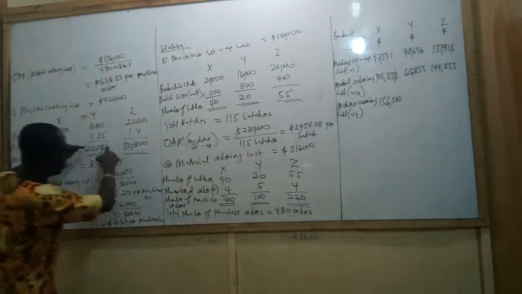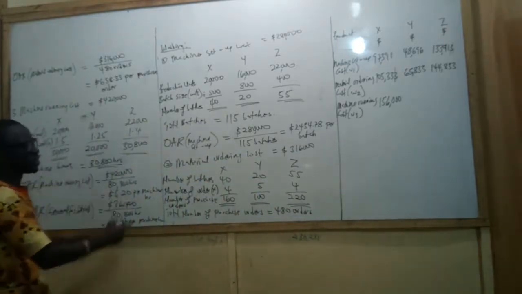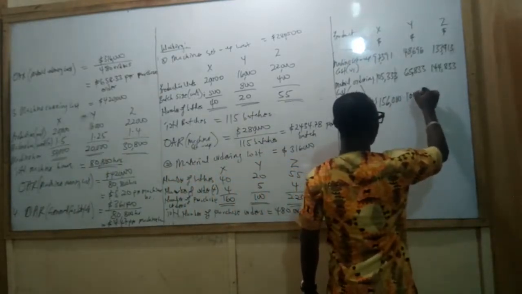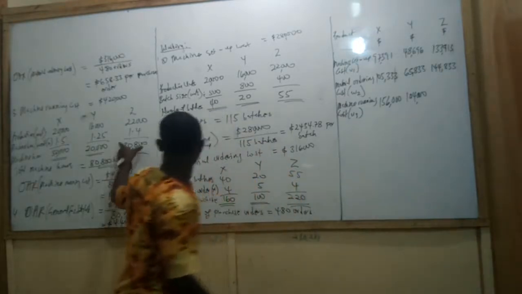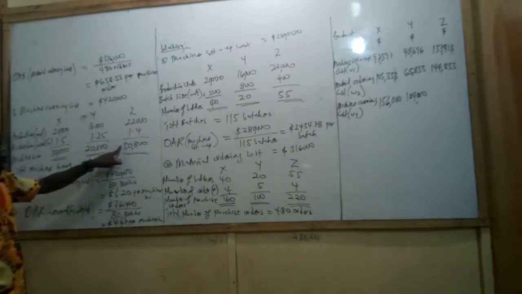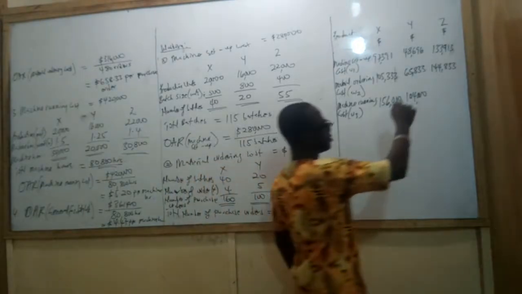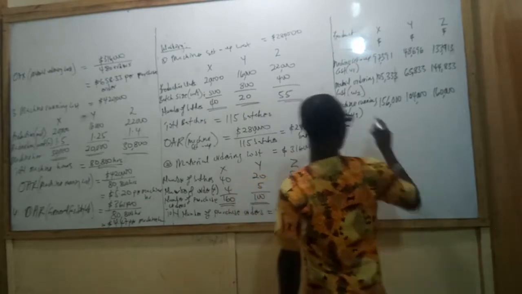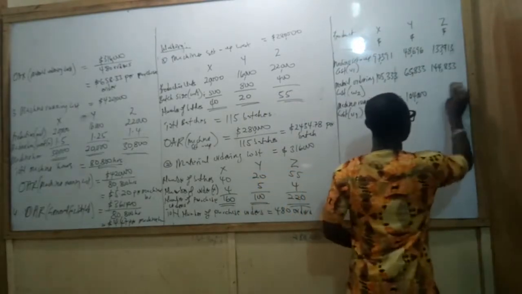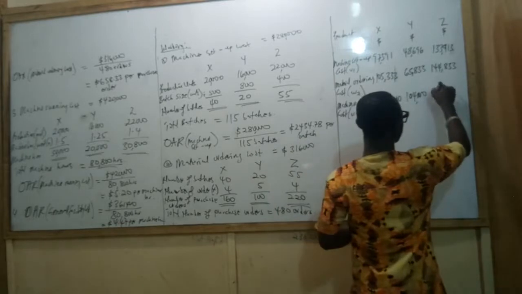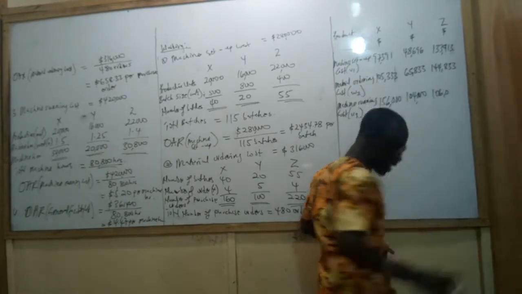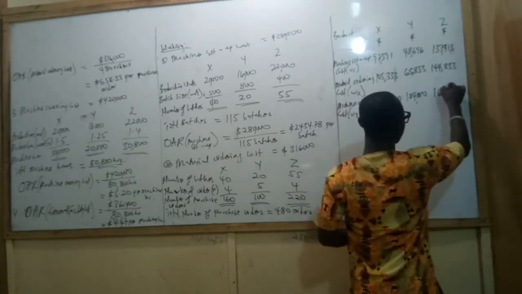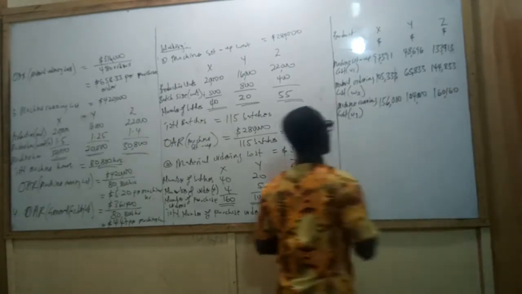Y did 20,000 hours. So times 5.2: 104,000. Z did 30,800. So 160,160. Okay. Last one.